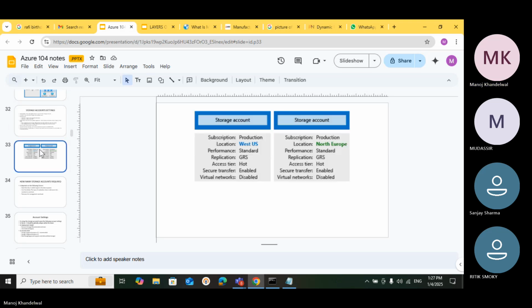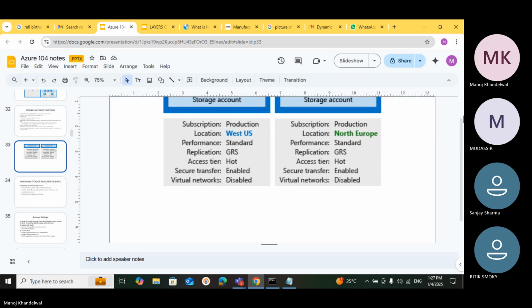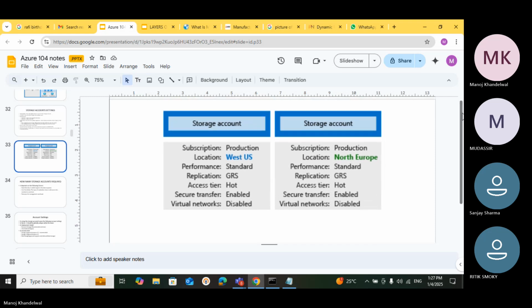Now, look at this. There are 2 storage accounts here, right? Yes. So it is showing the settings. They're almost the same, but one setting is changed. What is the setting change here?